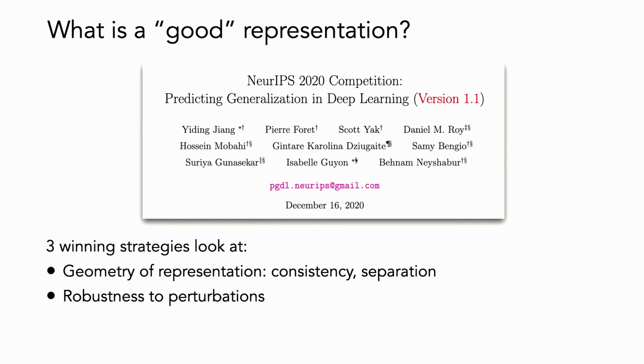And it turned out that a couple of winning strategies looked at both the geometry of the representation, so that consistency and separation, how close together were things that were the same, how far apart were things that were different, but also robustness to perturbations. So if you move a little bit in any direction, do you actually change something fundamental about the representation? And this maps quite well to some of our own intuition about what might make something easy to learn.